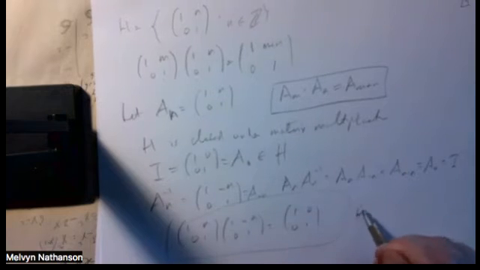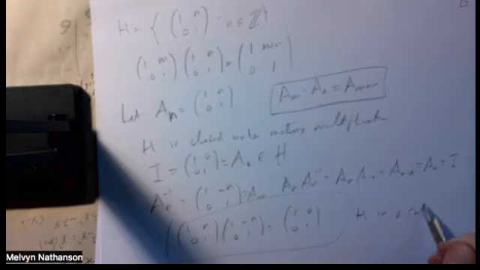So H is a subgroup of SL2Z. A subgroup of a group is a subset that contains the identity of the group, is closed under multiplication, and contains the inverse of each of its elements.